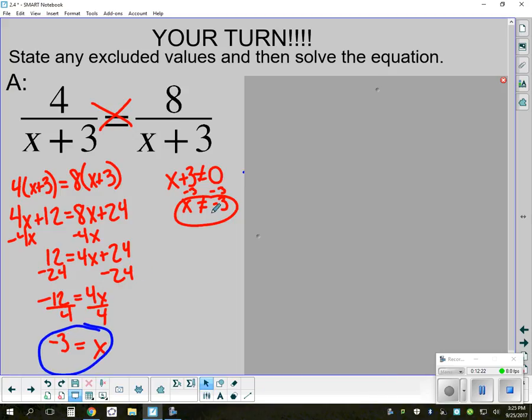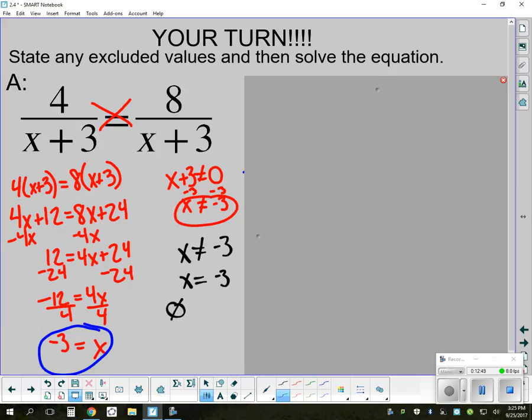On one, we have x cannot equal negative 3. And on the other one, we get x does equal negative 3. So if your excluded value is the same thing as your solution, that's a problem. We can't say that the solution is something that we cannot have. We're saying we can't have this value, so how could that be our solution? It can't be. So that makes this whole problem no solution.